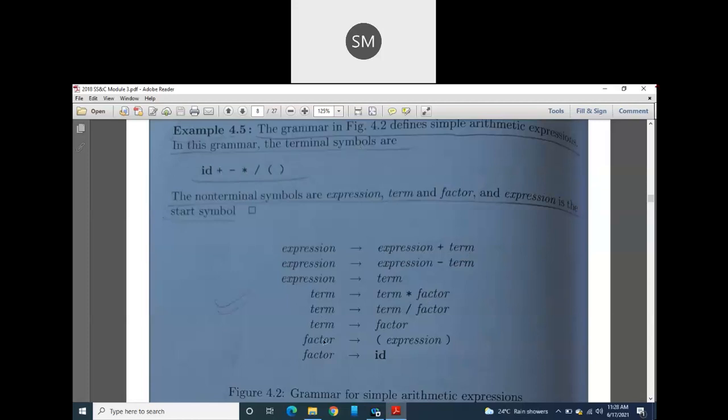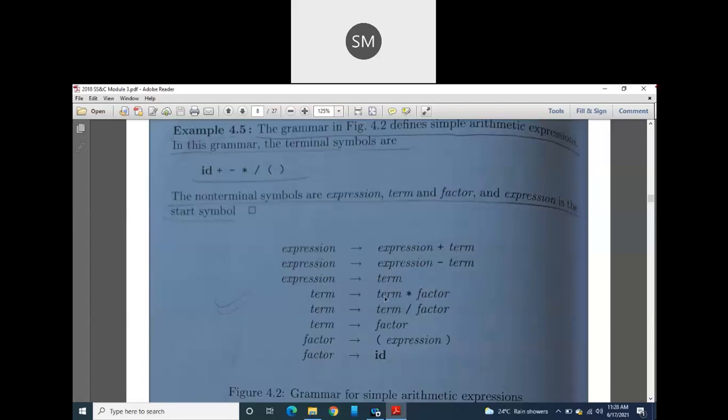In the LHS of all these productions, expression, term, and factor appear. Clear? So expression may be expression plus term, or expression minus term, or only a term, only an operand. A plus B, A minus B, or only A, only B is also an expression.